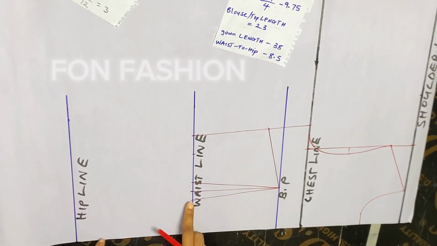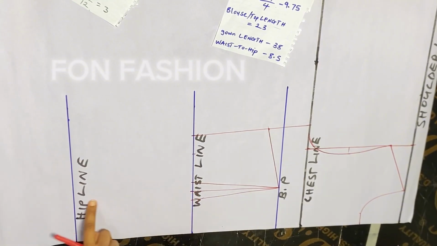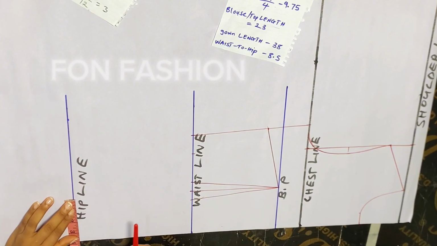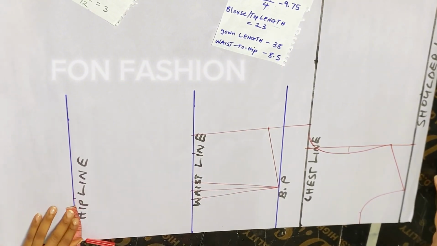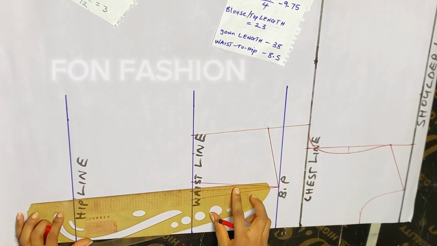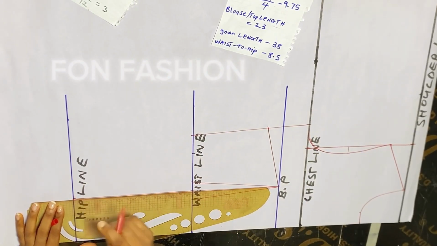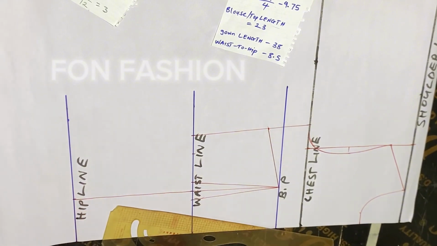The next thing to do is to bring this your dart line down like so. You mark the bust span measurement, that is the nipple to nipple measurement, which is 3.75 here. You connect the line on the hip line.